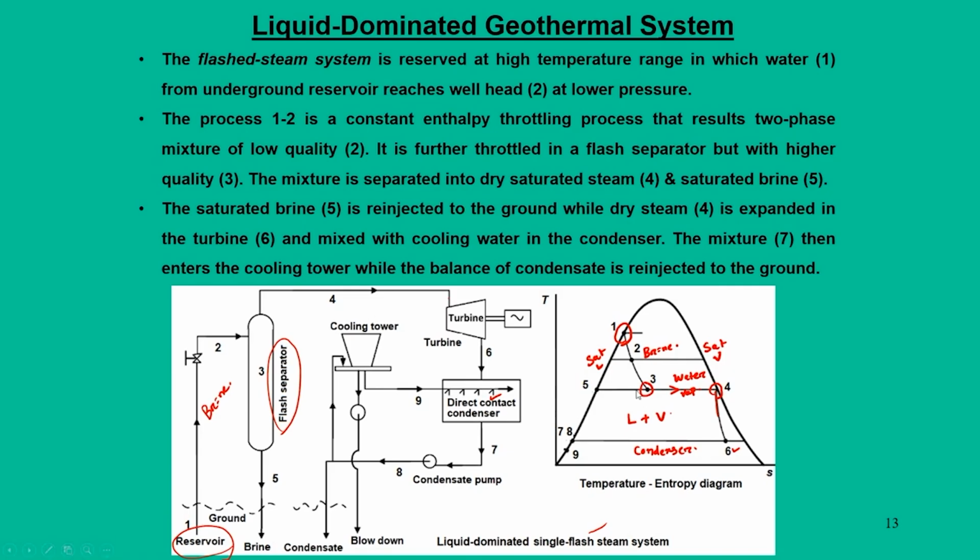And the unused brine that comes out at point 3 is re-injected into the well. So, this is how a single flash steam based system works, and it is a liquid dominated geothermal system.